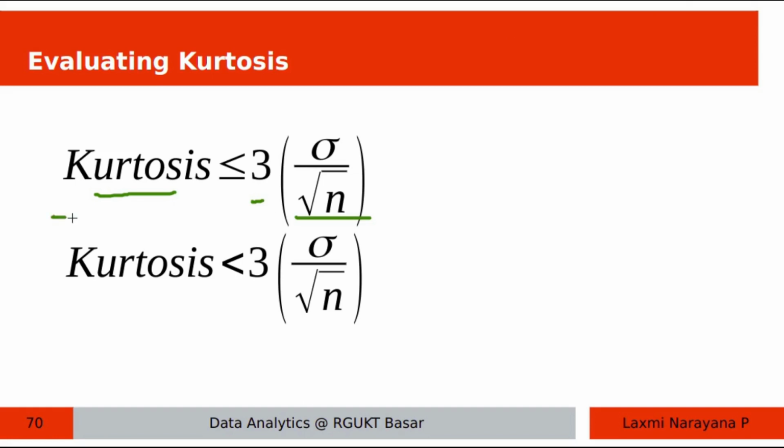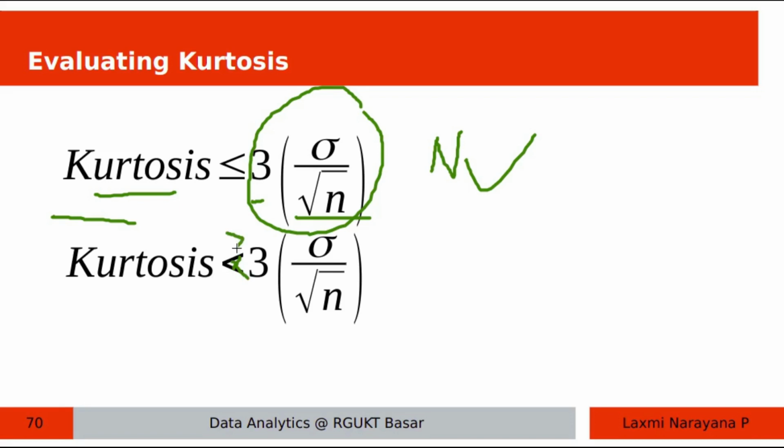Means the distribution which have kurtosis less than this value can be considered as normal distribution. Here it is not less than, it is greater than. If kurtosis is greater than 3 into standard error, it cannot be considered as normal distribution.